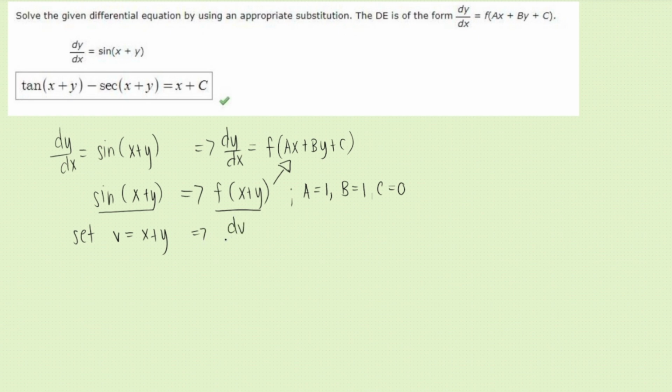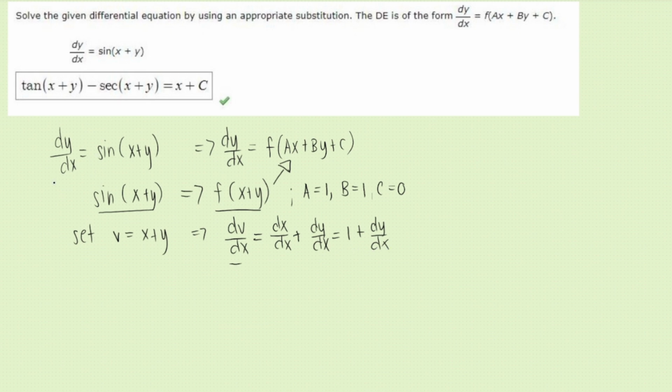So dv over dx is equal to dx over dx plus dy over dx. dx over dx is just 1, so we now have dv over dx equals 1 plus dy over dx.